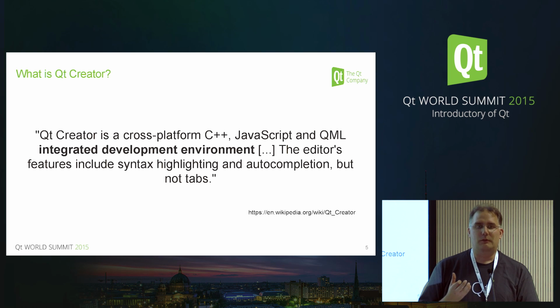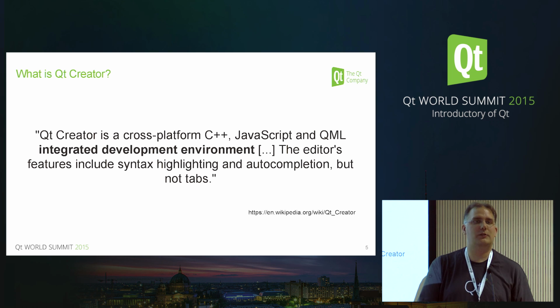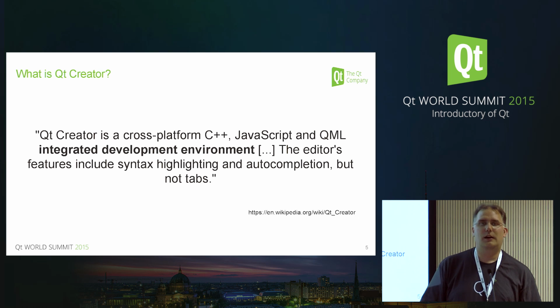But the central part of Qt Creator is the code model. That basically means Qt Creator does something similar to your compiler in that it parses all the code you write and builds up an internal model of what that code does. And with this information, we do all the highlighting. With that information, we can do auto-completion.